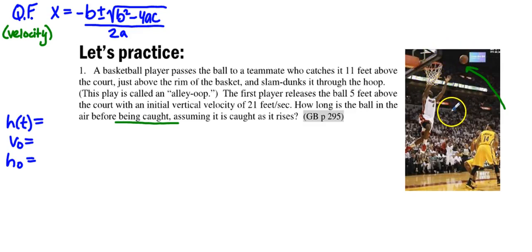So at what height is he catching it? When I read here, it says basketball player passes the ball to a teammate who catches it 11 feet above the ground. So let's make a note. Asked about when ball caught.